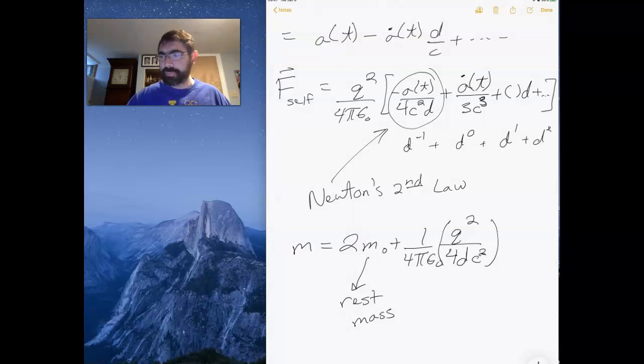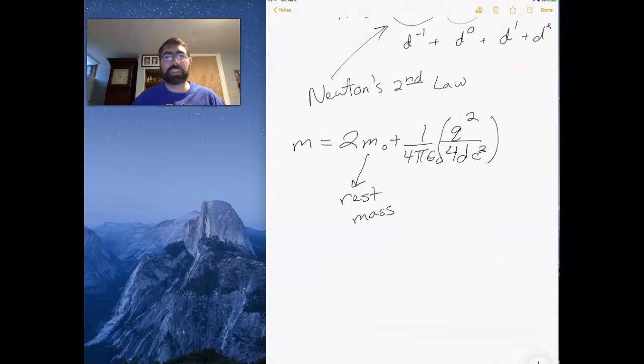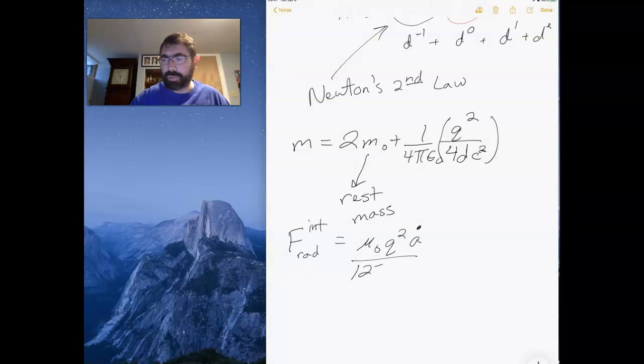The second term in the expression, right here, is the radiation term, because it has a derivative of the acceleration. So I'm going to write this as F_rad int, and that is mu0 q squared a dot over 12 pi c, where we've used epsilon naught c squared to equal 1 over mu0 in order to get that expression.